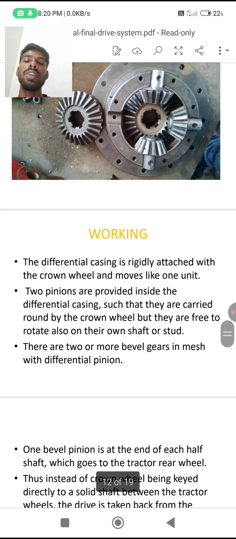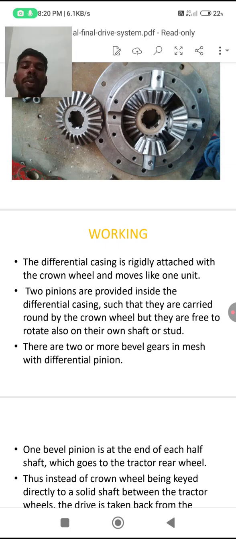Working. The differential casing is rigidly attached to the crown wheel and moves like one unit. Two pinions are provided inside the differential casing such that they are carried around with the crown wheel, but they are free to rotate on their own axes.